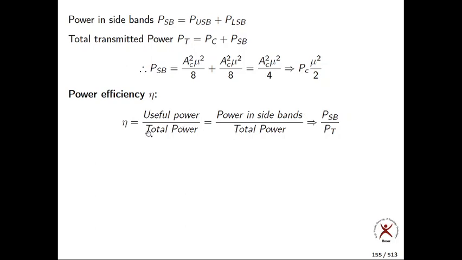It means only 33 percent of the power is useful and the remaining 67 percent is being wasted. That's why it has poor power efficiency.